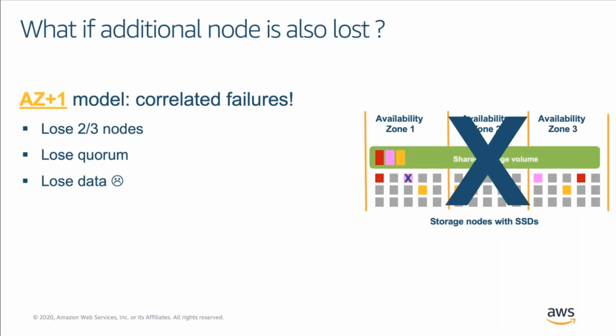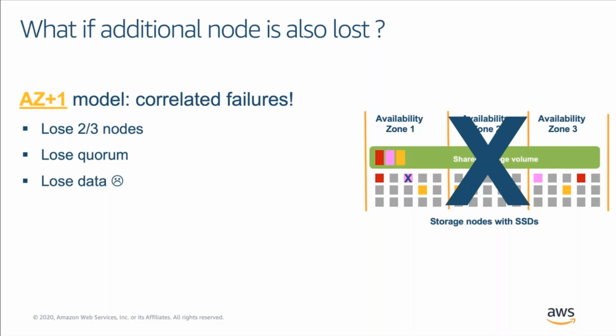Just because you've lost an AZ, it doesn't mean that magically the background radiation stops. The normal failure model is still in effect. Things are still failing in the other AZs. So while you might think you only lost the nodes in one AZ, you've opened yourself up to the world of correlated failures, where you've lost an AZ and you've lost 1 additional node.